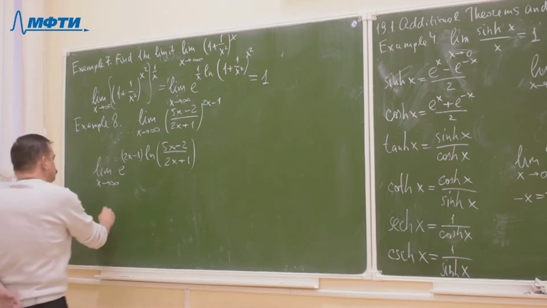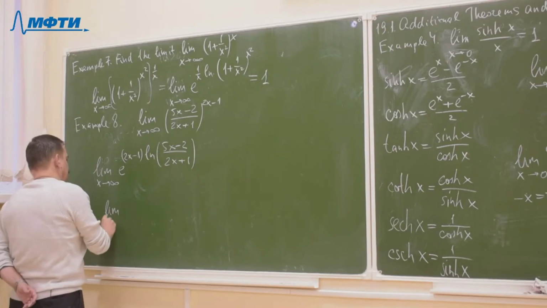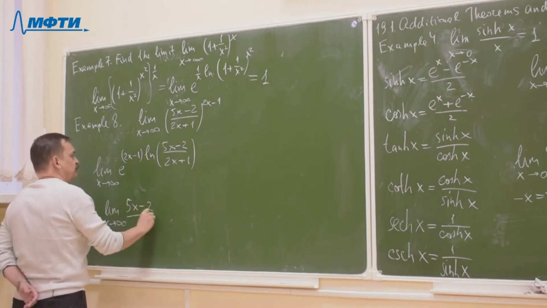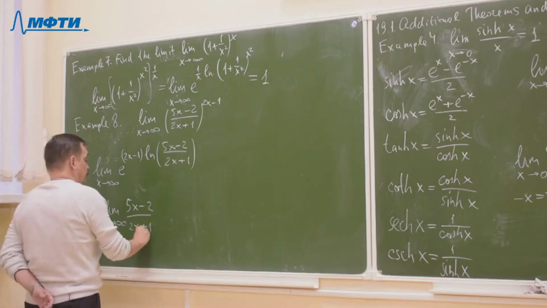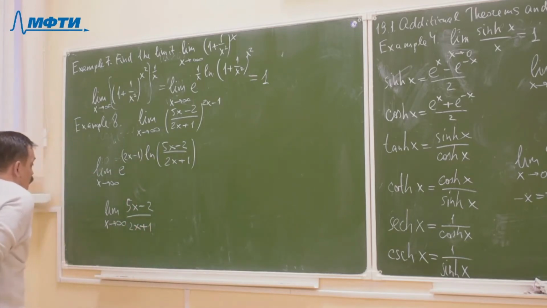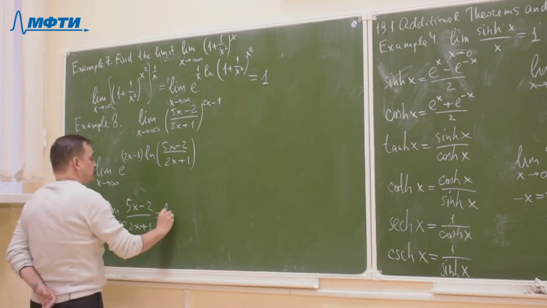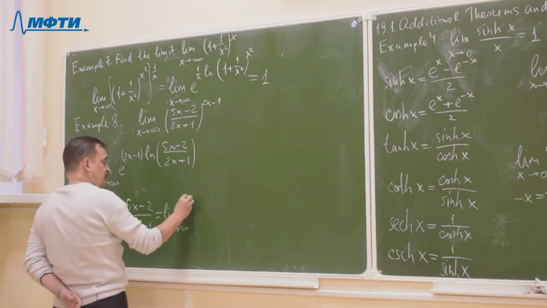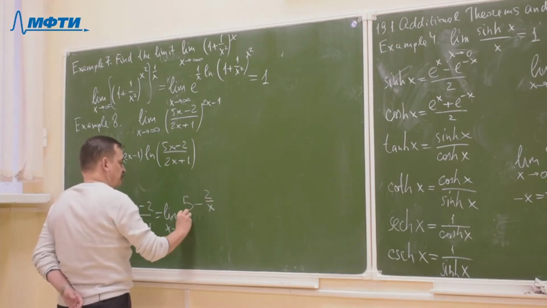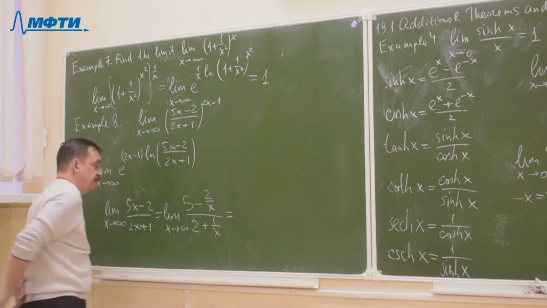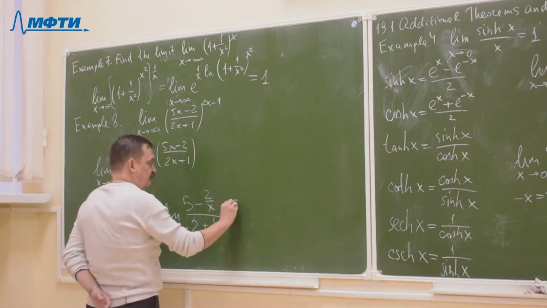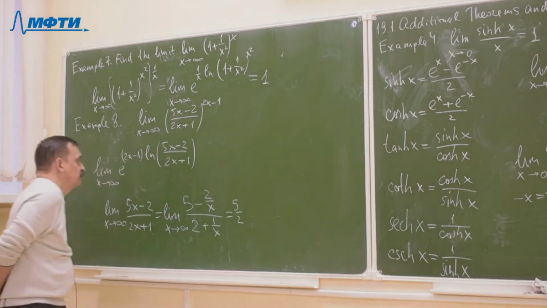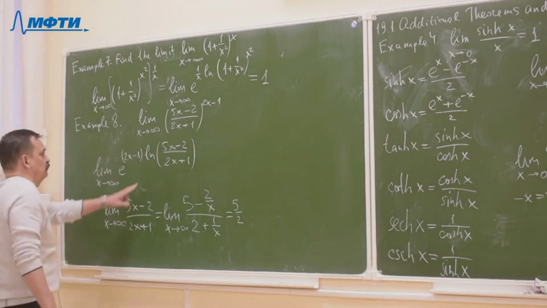Then the limit as x tends to infinity of 5x minus 2 over 2x plus 1 is equal to the limit of 5 minus 2 over x over 2 plus 1 over x, and that is equal to 5 over 2.